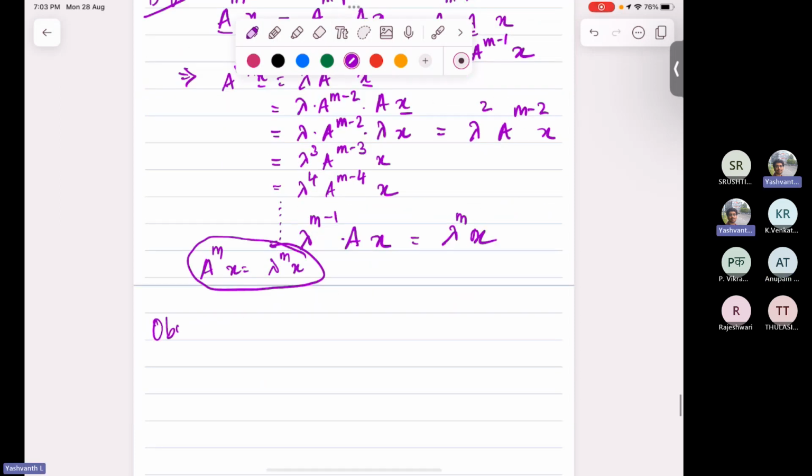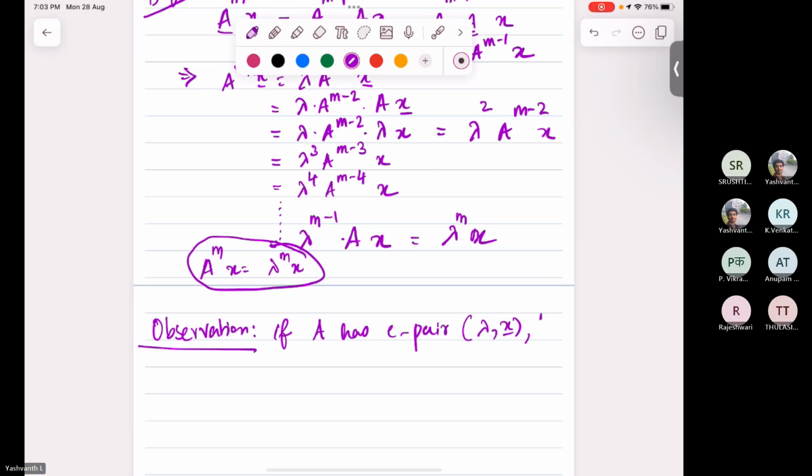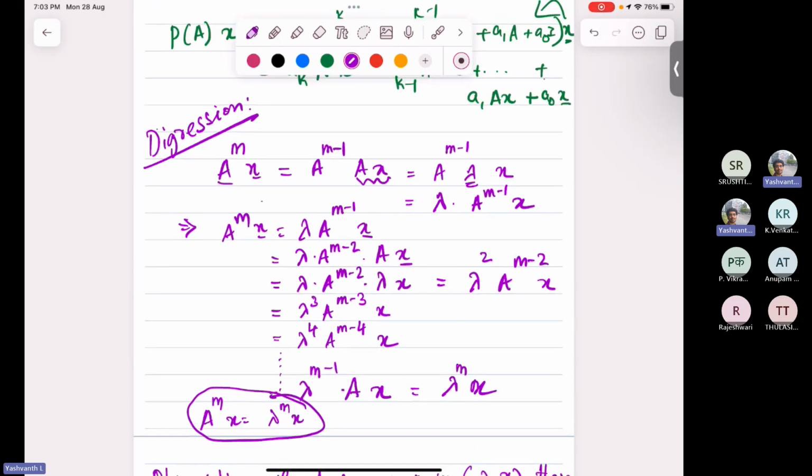So, observation. If A has eigenpair lambda comma x, then A power m for any m. See, here I did not restrict what values of m. m was any number.